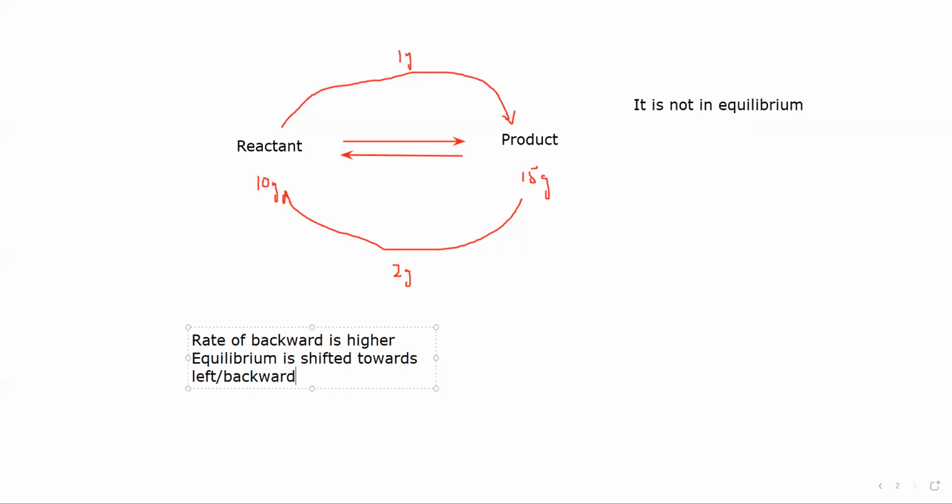Equilibrium shifted towards backward means that the rate or the speed of the backward reaction is faster as compared to the forward.